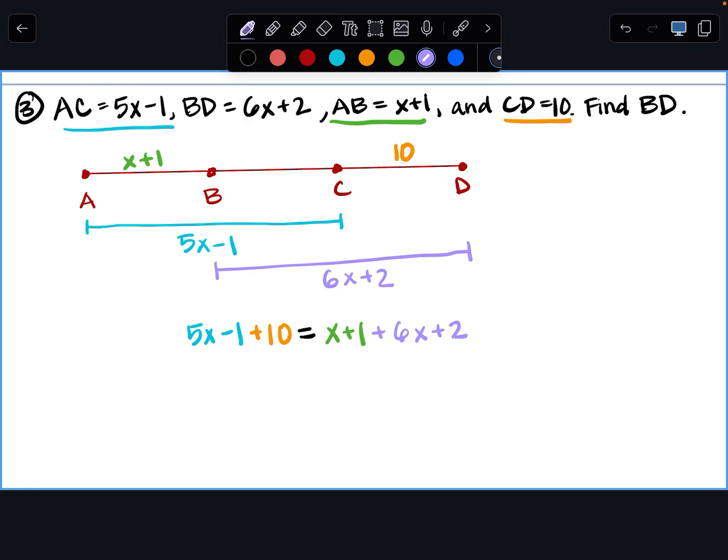So just remember when we did number 1, when we had to subtract a piece, you had to use parentheses. When you're adding, you don't have to worry about parentheses. But if you ever have to subtract something out, don't forget the parentheses because that will mess you up. Okay, so now we have 5x plus 9 equals 7x plus 3.